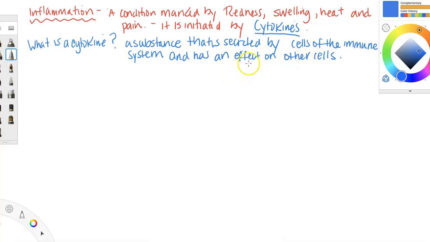So it sounds kind of like a paracrine, doesn't it? And it kind of is.